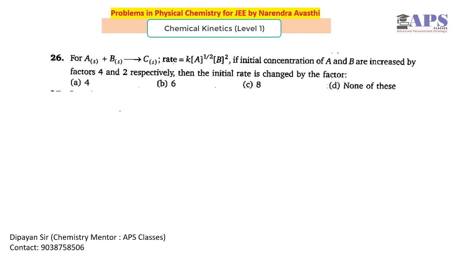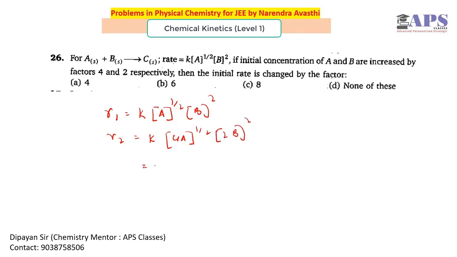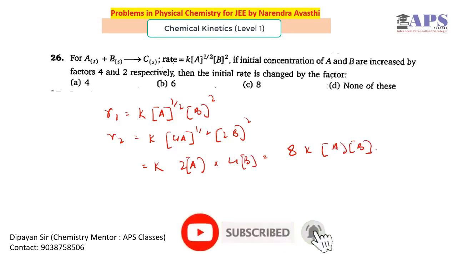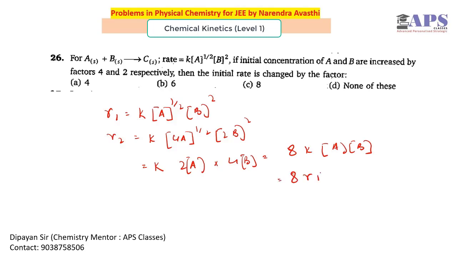For question number 26, R1 can be written as K, the rate constant, times A to the power half times B squared. For R2, the concentration of A is changed as well as the concentration of B. So this is nothing but 2A and 4B, that is 8 times K times concentration of A times concentration of B, that is 8 R1.